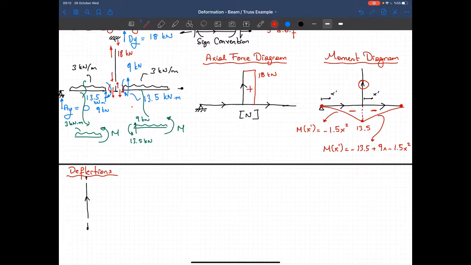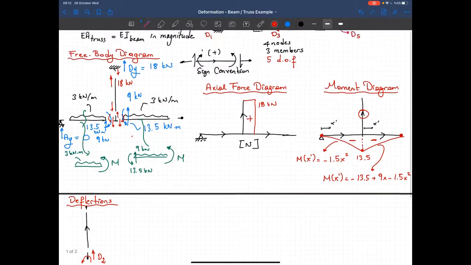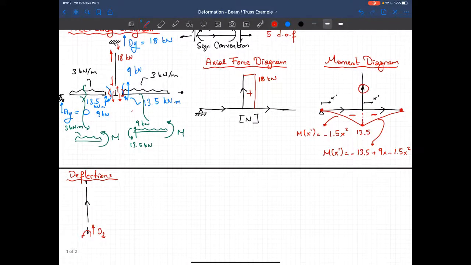And I will show also D2 here, and D3 here. Now we have a tensile force on this member. The tensile force will create an elongation whose magnitude is delta.